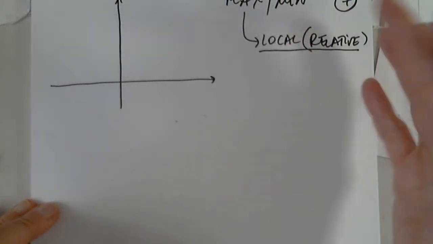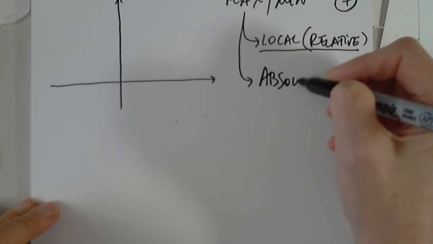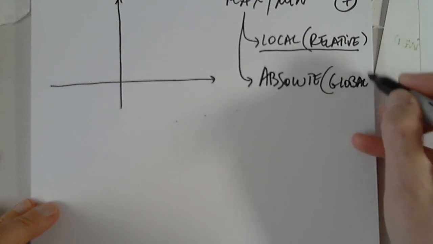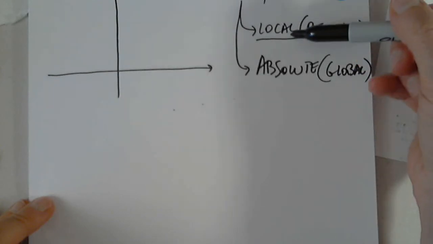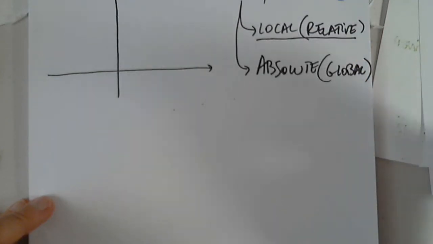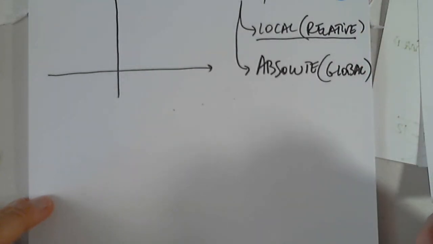We use them interchangeably. Or absolute, also called global. So there is a minimum that is local minimum, or relative minimum, same thing. And there's also something called absolute minimum or global minimum.